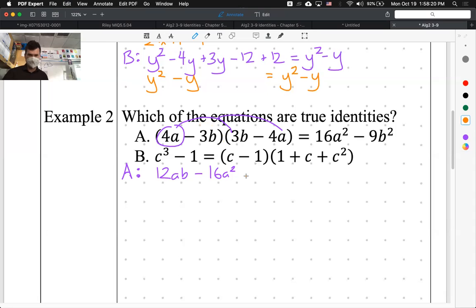And that is what? So plus or minus 12ab. 12ab, oops, 12ab, and there's a fourth term in there. He hasn't done these two yet.